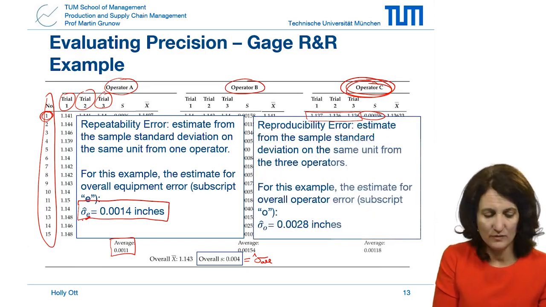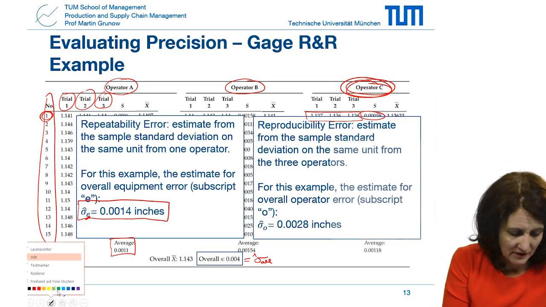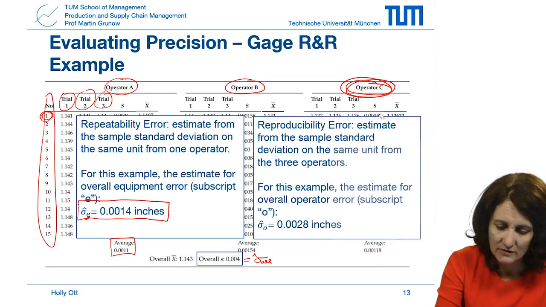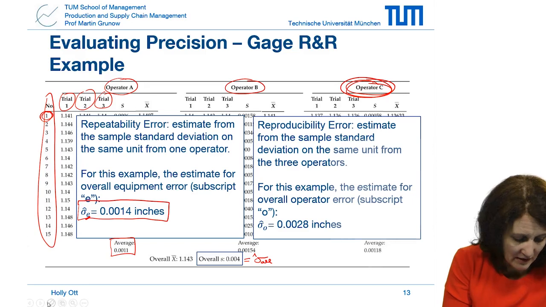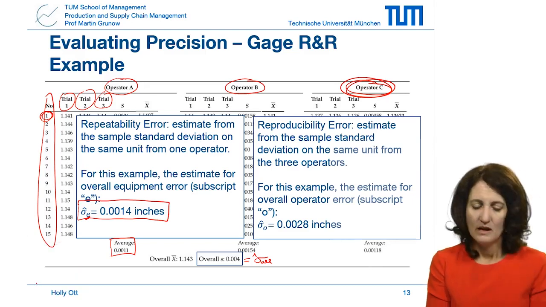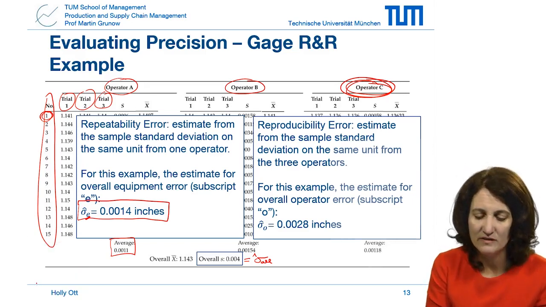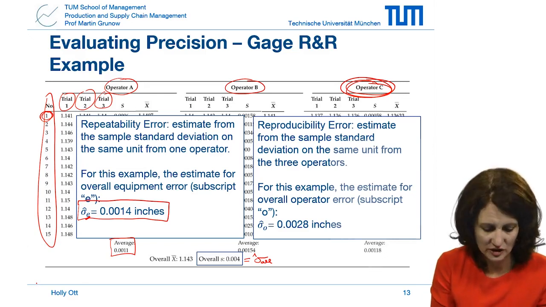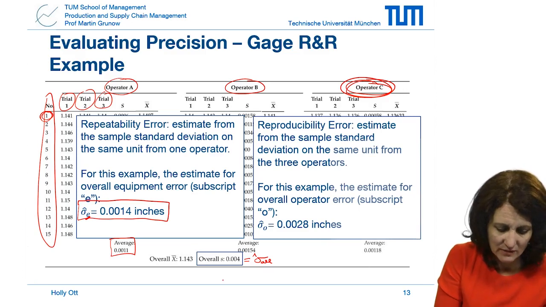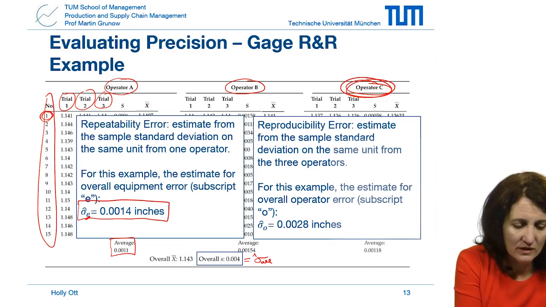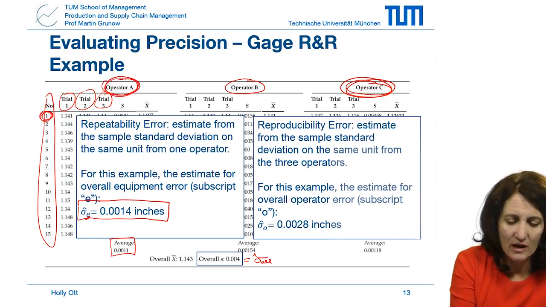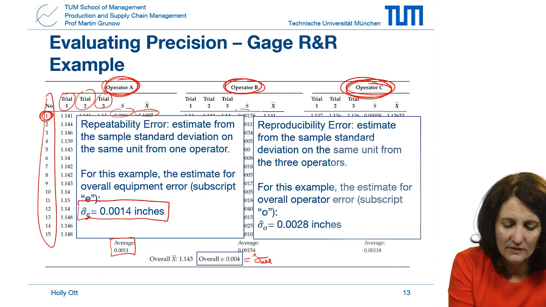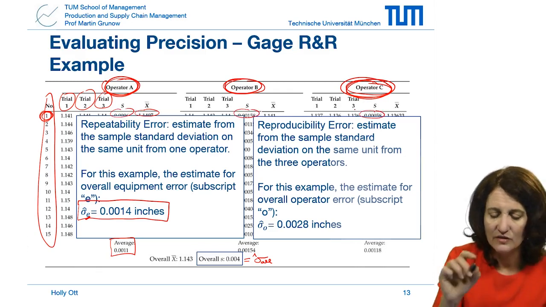Next, we have the reproducibility error. It's the estimate of the sample standard deviation on the same unit for all 3 operators. It's a little hard for me to show since I've got the boxes in the way, but if you have one unit and you have operator A, operator B, and operator C, you have variations for each of those.